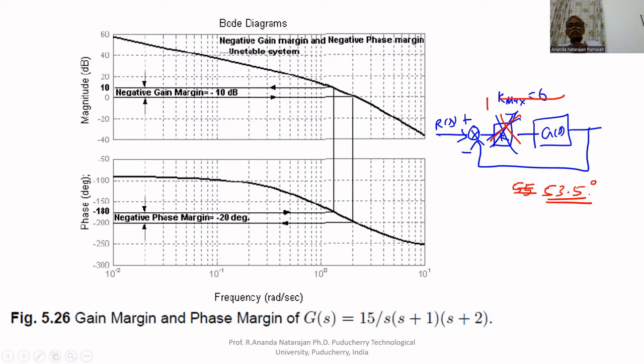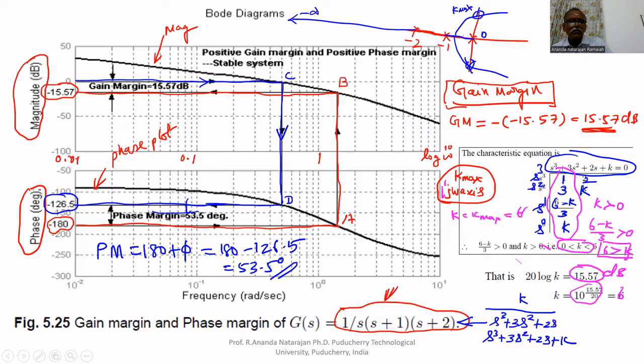So without increasing the gain, if you introduce an additional phase shift of minus 53.5 degrees, that is very important, then also the system will be on the verge of instability. That is the meaning.